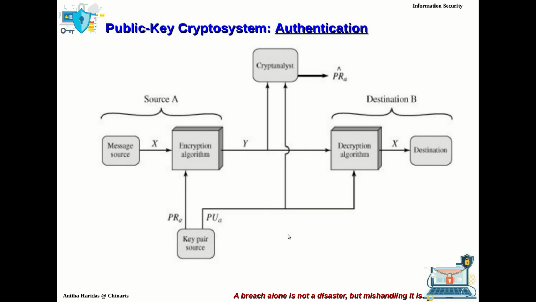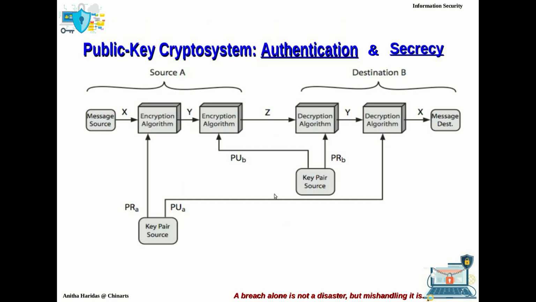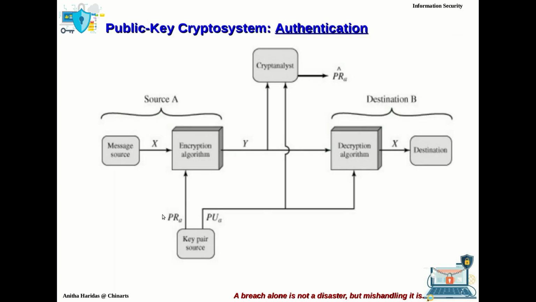The same public key crypto system can be used for both authentication and secrecy. If so, the encryption and decryption will be done two times here. You can observe here a key source will be generated. First it goes for authentication, so authentication will be done with the private key.